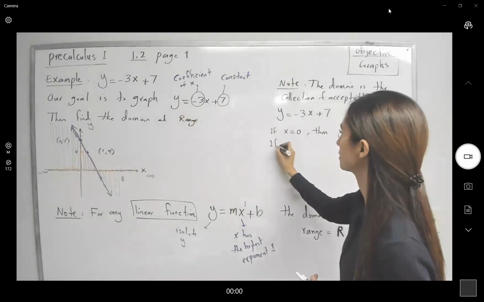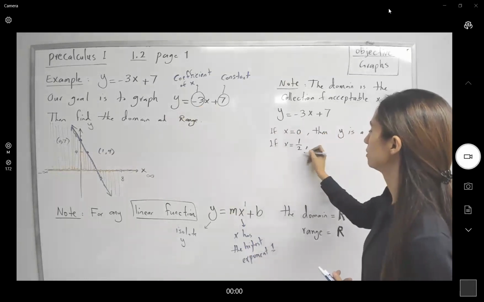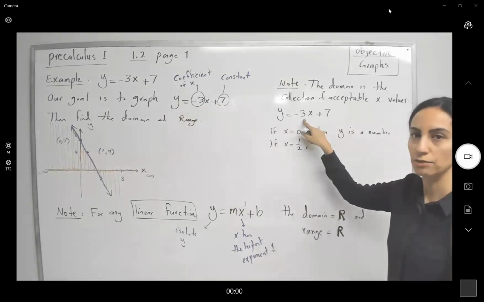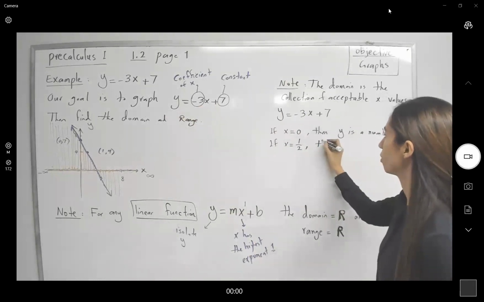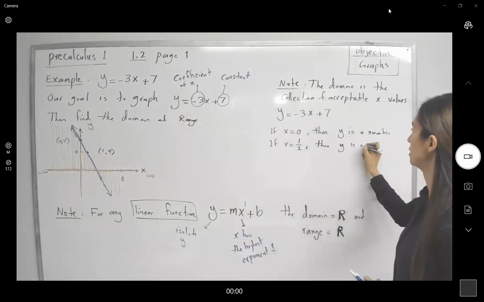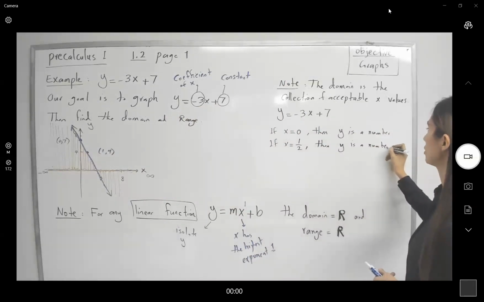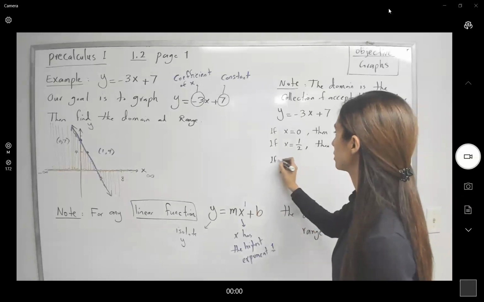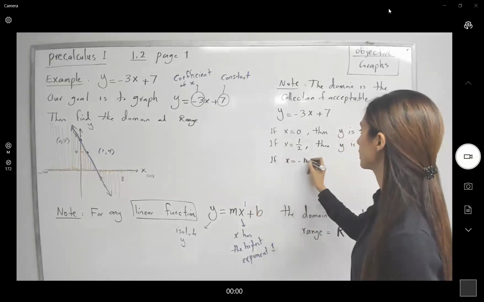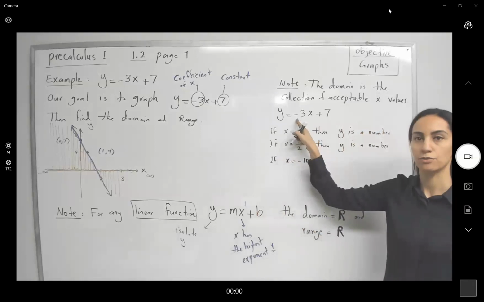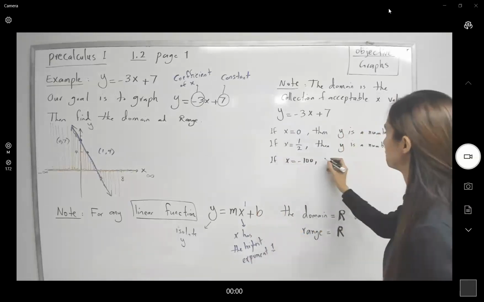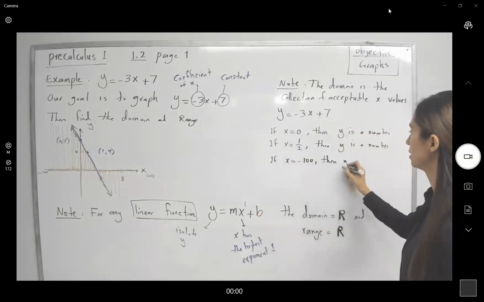If x is a half, you can use your calculator and easily calculate this. A half times negative 3 plus 7, then y is a number. What if I plug in negative 100? If I plug in x to be negative 100, then negative 3 times negative 100 plus 7 is another number. Then y is a number.